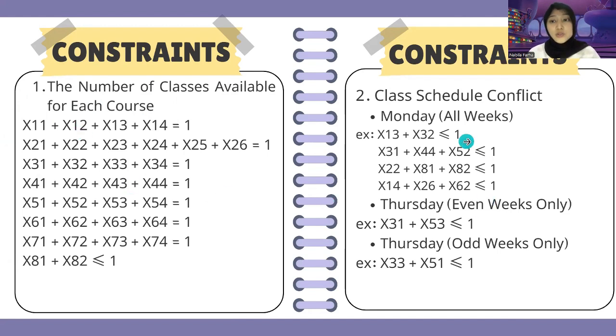After that, we also use the constraints of class schedule conflict, which is divided by all weeks, even weeks only, and odd weeks only. For example, here we've got a class schedule conflict between X13 and X32. So the students can only choose one between these two classes.